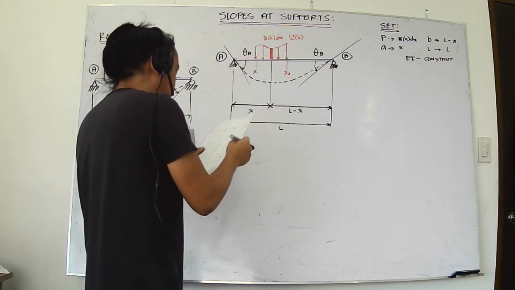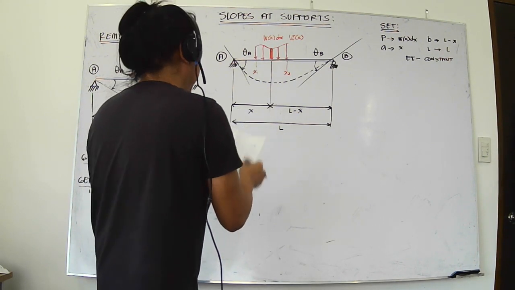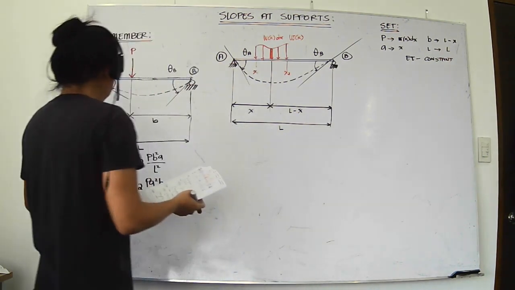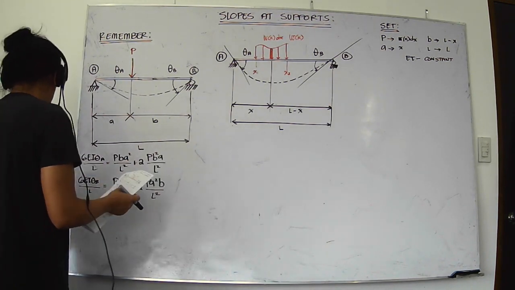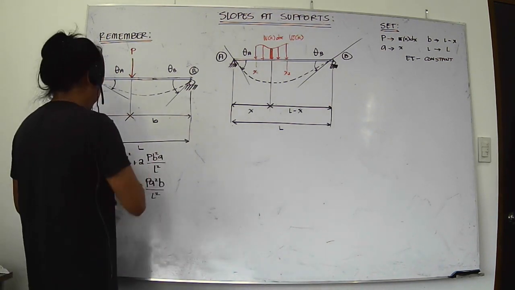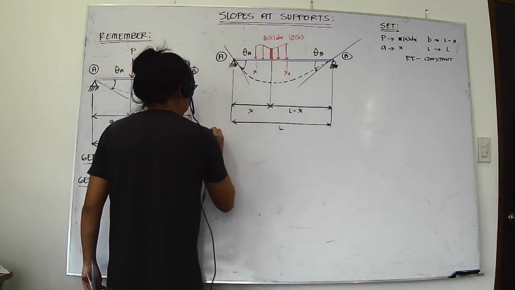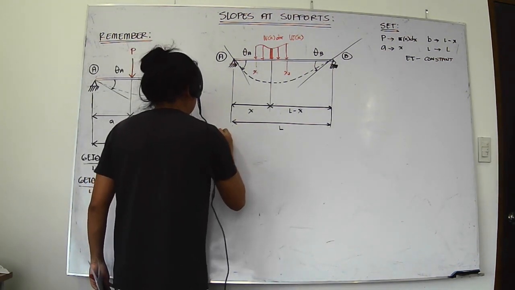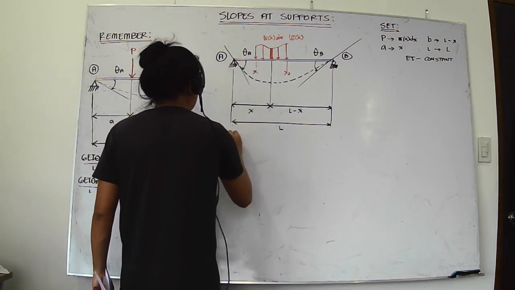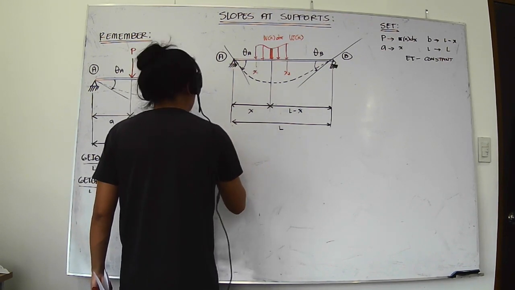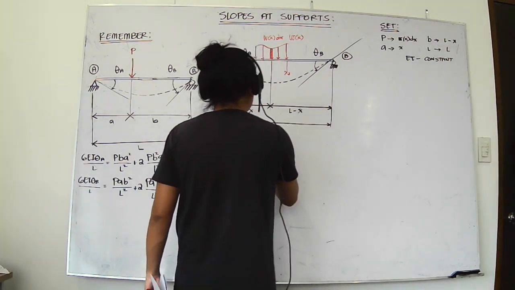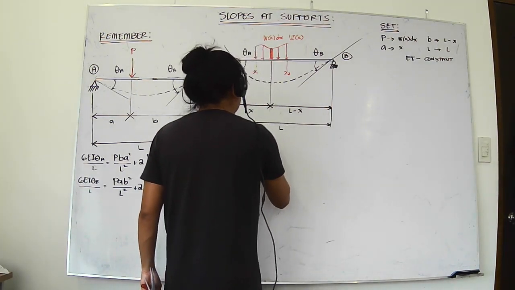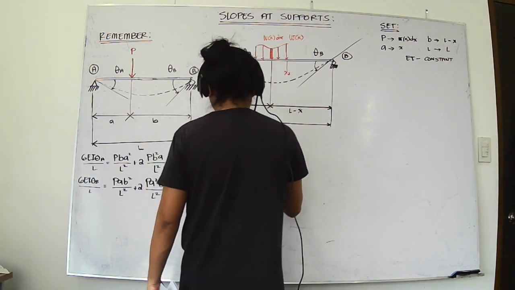So, balik na din tanin diri na butang. We have this expression over here, diba? 6EI theta A over L is equal to sa PBA squared. So, P is equal to kani dx. Ako lang share it.